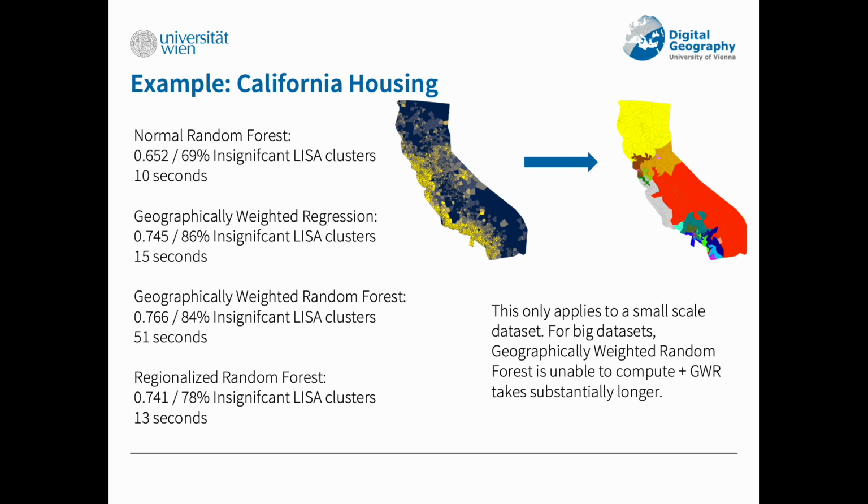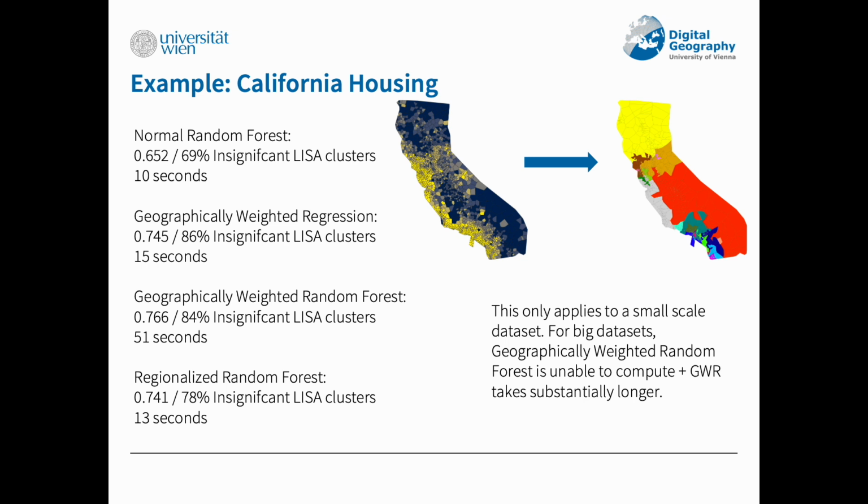The experiment has shown the following. Casual random forest has an R-squared of 0.652 and 69% of LISA clusters are insignificant. GWR improves this by getting an R-squared of 0.745 and 86% of insignificant LISA clusters.